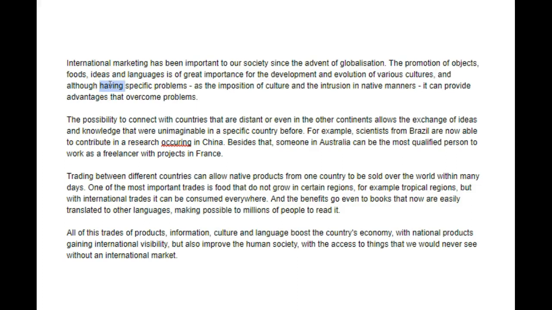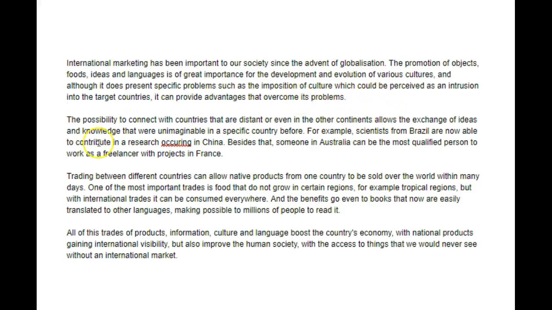And although it does present specific problems, such as the imposition of culture, which could be perceived as an intrusion into the target countries, it can provide advantages that overcome its problems.